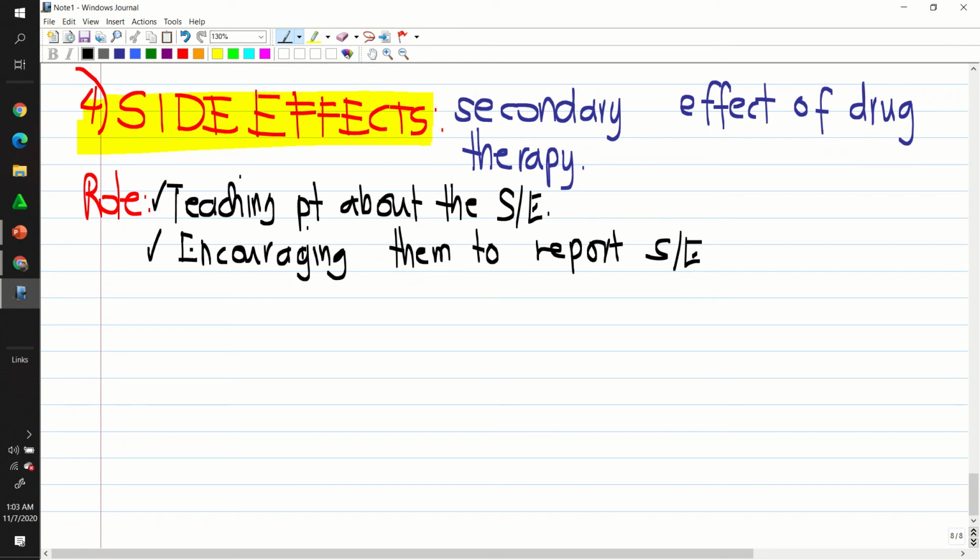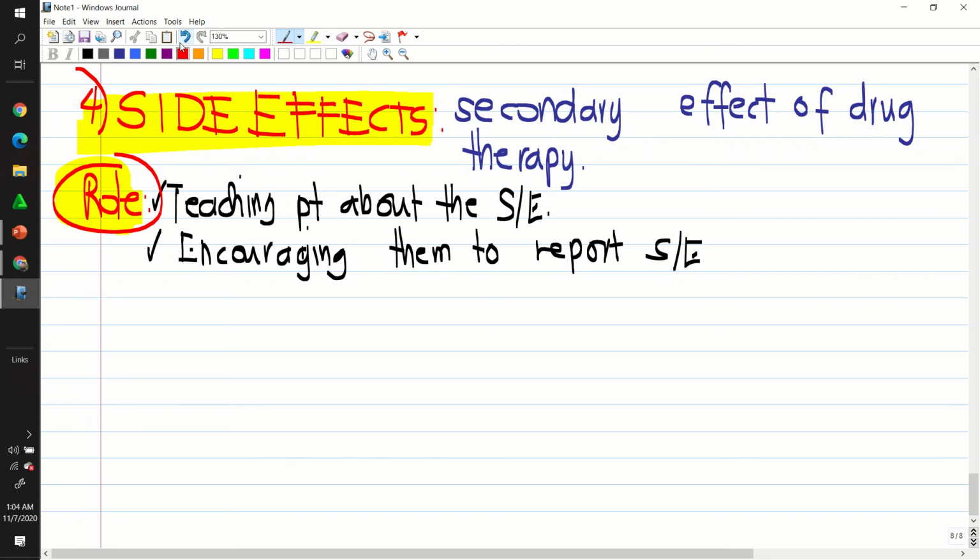So if this particular nurse does not even educate the patient about its side effect, kunwari si Mang Ambo uminom ng rifampicin, tas ngayon pag-ihi niya kulay orange, na-alarma si Mang Ambo, natakot siya, kasi hindi niya alam yung side effect. He's not even aware. Tas nung umubo siya, kulay orange, sabi niya lalong lumalala yung case ko. Which is actually a side effect.